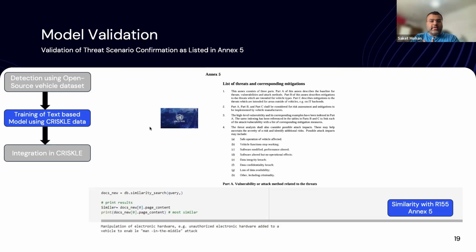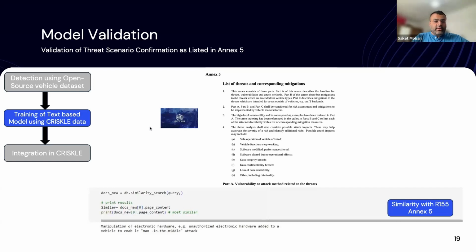Model validation was done against UNR 155 because that is the industry baseline. And as you can see, the generated threat scenarios were quite aligned, or matching, to Annex 5 of this document.